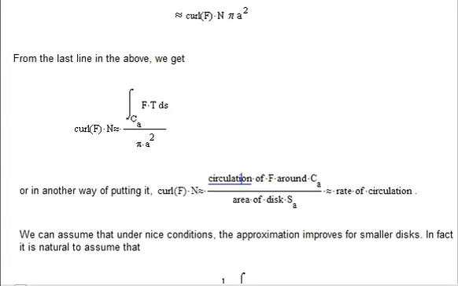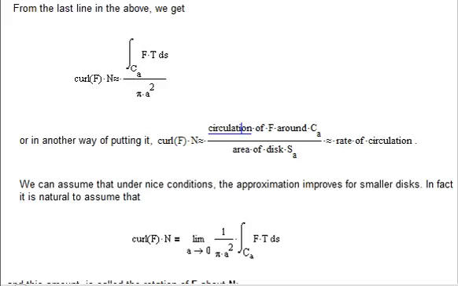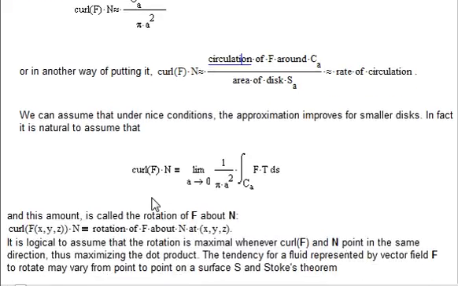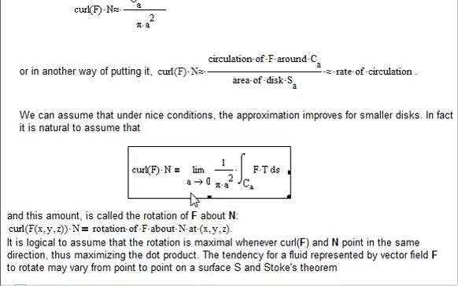We can assume that under nice conditions the approximation improves for smaller disks. In fact, it's natural to assume that curl of F dot n is equal to the limit as a approaches 0, remember a is the radius of the disk, of 1 over pi a squared times the line integral over curve C sub A, which remember is the border, of F dot T ds.